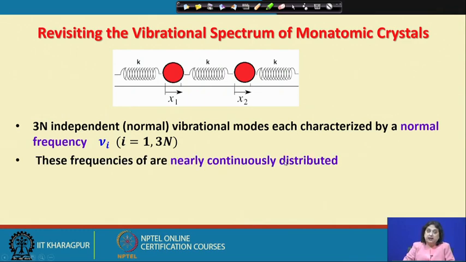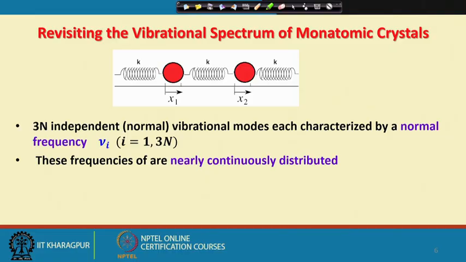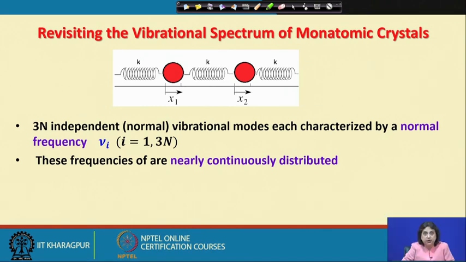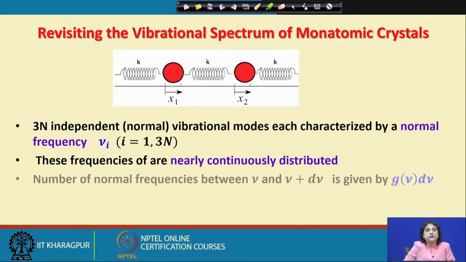Now, as you see, n is a very, very large number, typically the Avogadro number. So, we have a very large number of frequencies that are possible, and these frequencies are expected to be nearly continuously distributed, and there will be a finite number of normal frequencies between say nu and nu plus d nu, and let us say that this number is given by g(nu) d nu. So, then what is g(nu)? g(nu) is a term which is called the density of states. So, in this case, the density of vibrational states.